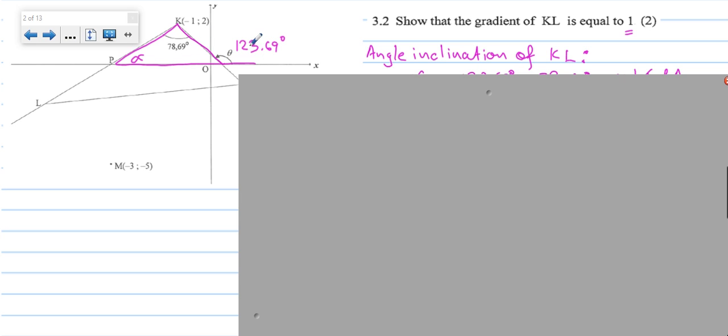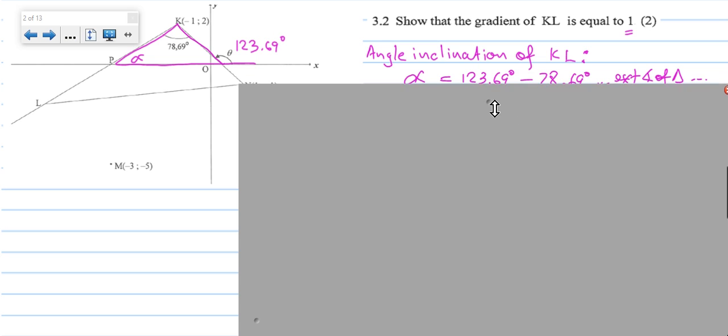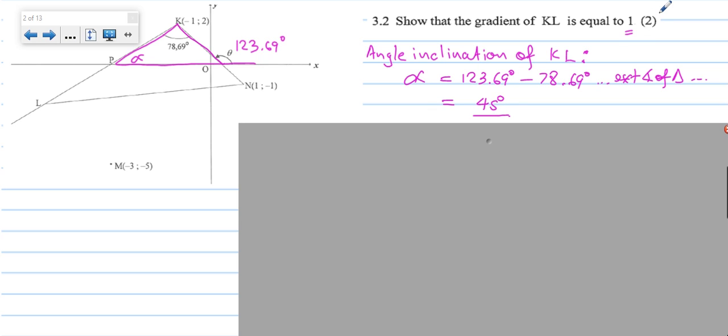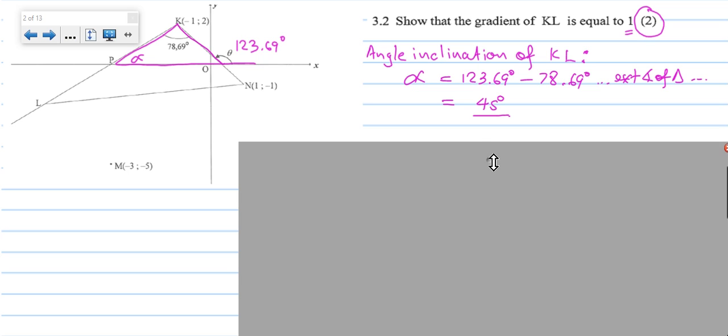Let's just extend that, and therefore 123.69 is equal to 78.69 plus alpha. Therefore, alpha will be the exterior angle minus one of the known interior angles. Just state that it's an exterior angle that you're using, and therefore you'll get 45. Also, a little bit of thinking, must get those 2 marks.